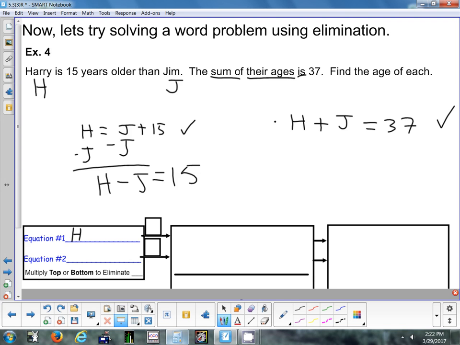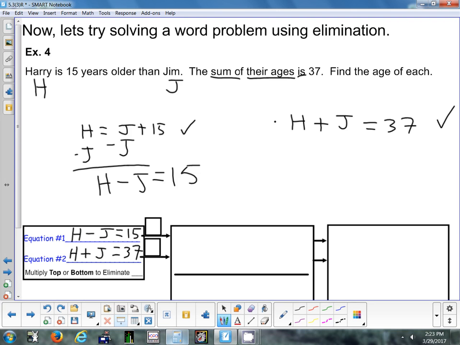So for equation 1, I'm going to put H minus J equals 15. Equation 2, somebody tell me what equation 2 is. H plus J equals 37. Which case is this one? Case 1. Case 1 is the easiest case you could have. Look what happens: same letter, same number, opposite signs.